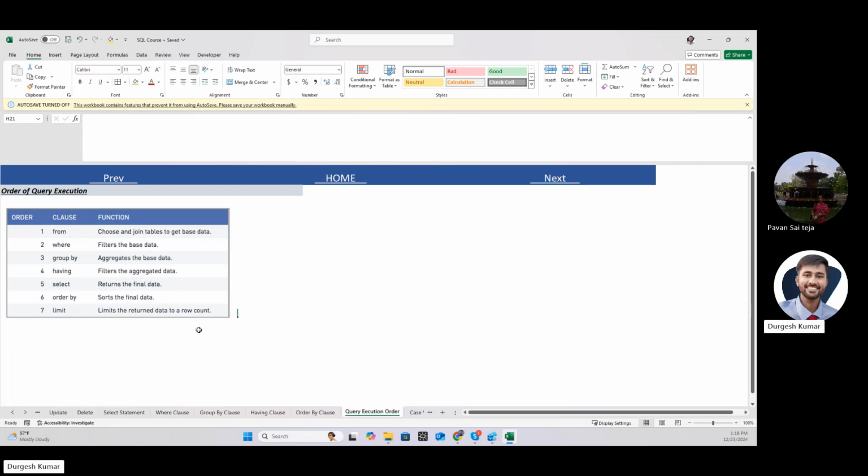What it means is you wrote your query starting from select, right? But in the backend, this query will start executing from the from clause. It will start with from, then where, group by, having, select, order by, and limit. Making sense? We'll come to how it works.